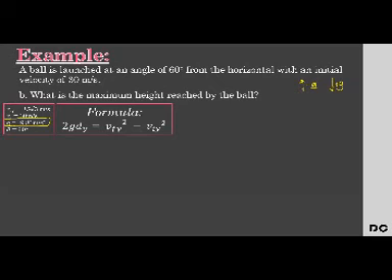Since we are looking for the maximum height, the object is moving upward before it reaches the maximum height. So that is the reason that the gravity is equal to negative 9.81.